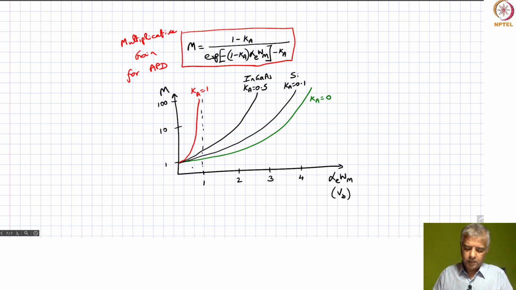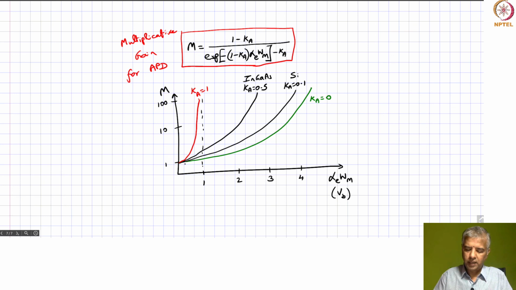You look at this picture and you say Ka equal to 1 seems to be a very good condition because even for very small values of alpha E, or very small values of bias voltage, you can get a very high gain. But that is only one part of the picture. We have not actually started talking about noise that's generated from an avalanche photodiode. From a perspective of noise, you will find that this is the most noisy condition.